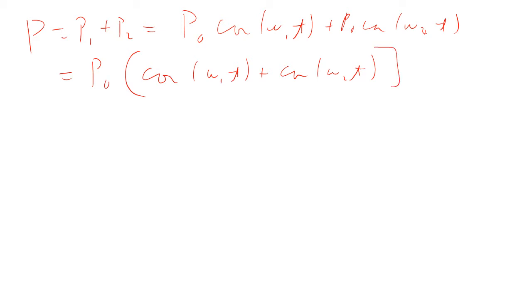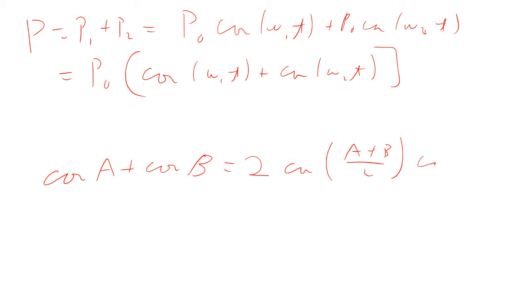Now, in trig, you learned a trig identity for cosine A plus cosine B. You might not remember it off the top of your head, but your trig teacher was saying, hey, you ought to learn trig identities because one of these days you're going to need to know them. Aha, the day is here. So cosine A plus cosine B is equal to 2 times cosine of (A plus B) over 2 times the cosine of (A minus B) over 2.